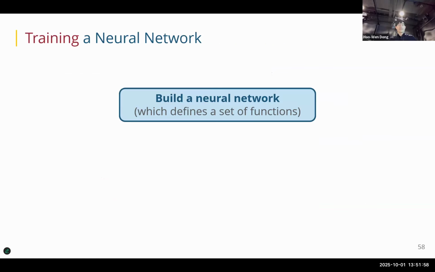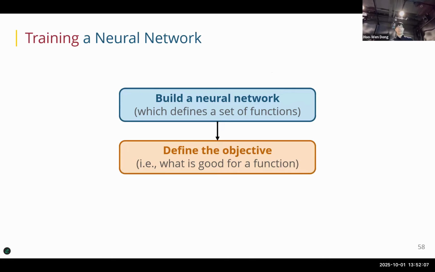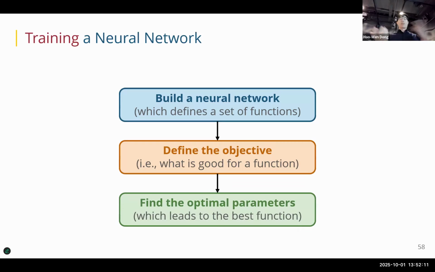So this is the three-step process for training a neural network. You build a neural network, which defines a set of functions. Then you define the objective: what is good for a function, what is bad for a function. And once you have that, you just want to find the optimal parameters. Today we will talk a little more about how you actually find the best functions. But these are the three components of training a neural network.